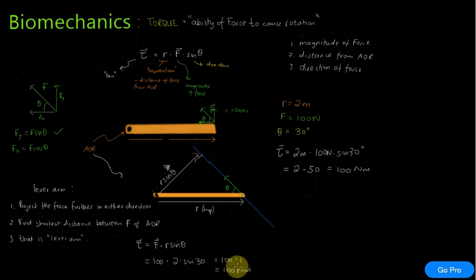Notice how this is exactly the same as before, it's just how I am defining the torque that is slightly different. So a generalization is that torque is equal to force times lever arm. What is the component of force acting perpendicular to the axis of rotation, and what is the length of the lever arm responsible for causing rotation?